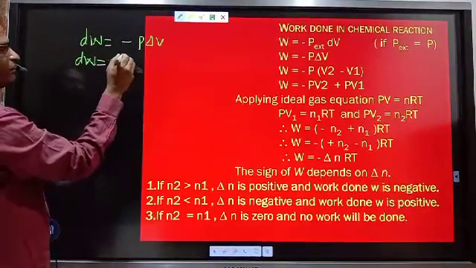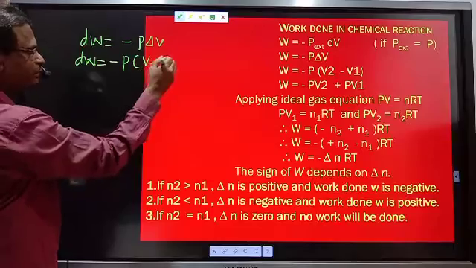So dW will be equal to minus P times V2 minus V1.